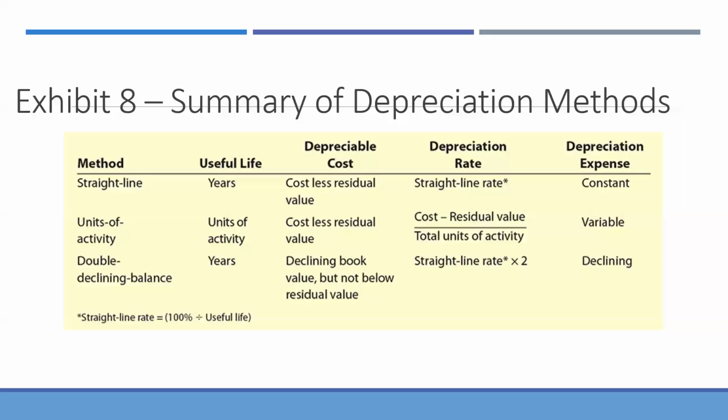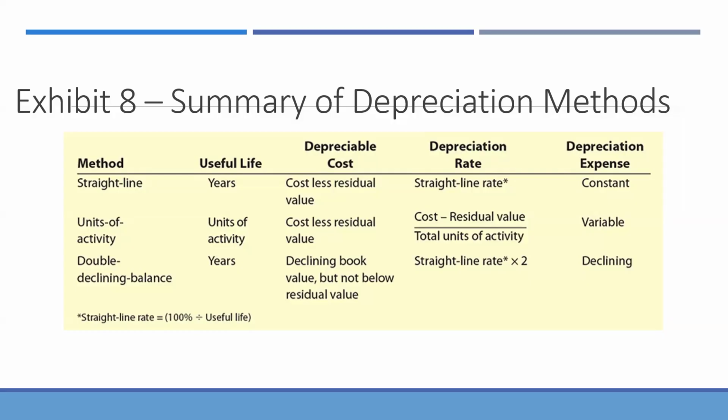And so for calculating the depreciation method, this is a great cheat sheet here. The depreciable cost is the cost for a straight line cost less residual value. Calculating the straight line rate is just taking the years, 100% divided by the years of use. Units of activity, we take the cost less residual value, and we divide it by the total units of activity.